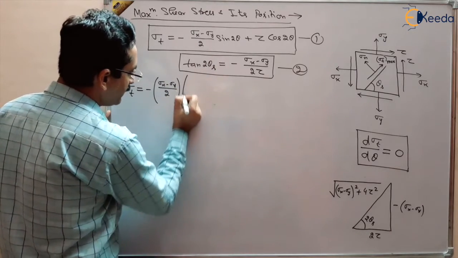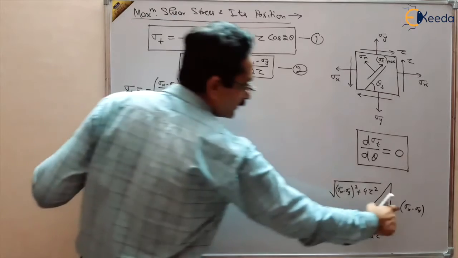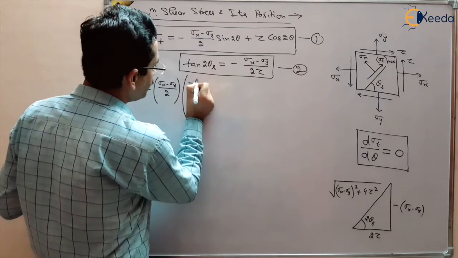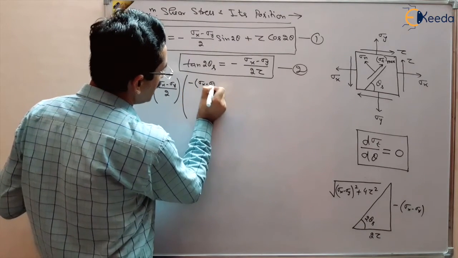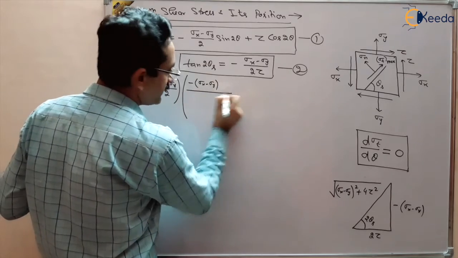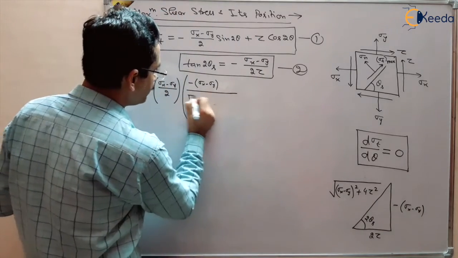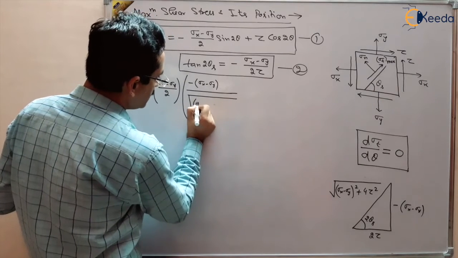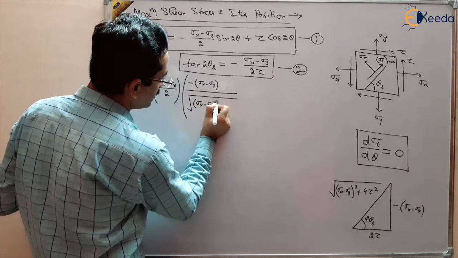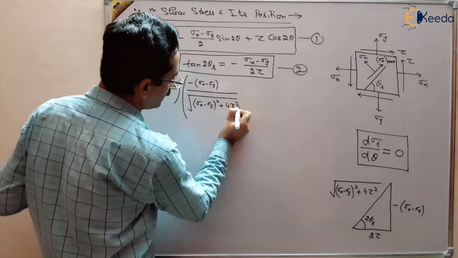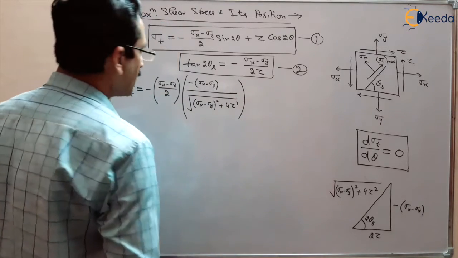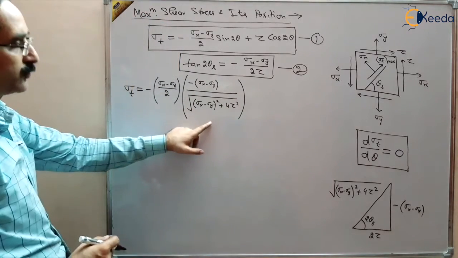Sin 2 theta is perpendicular upon hypotenuse, that is minus (sigma x minus sigma y) upon the root of (sigma x minus sigma y) whole square plus 4 tau square. This is our sin 2 theta.